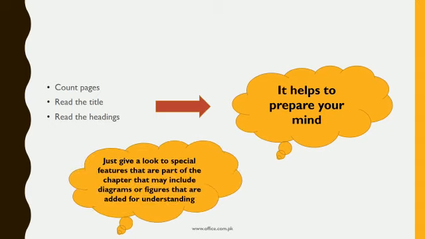Just give a look to special features that are a part of the chapter, that may include diagrams, figures, tables, anything. So your brain will have a picture of that thing in itself, and when you revise it, you'll say, "Oh yeah, I have seen that somewhere."